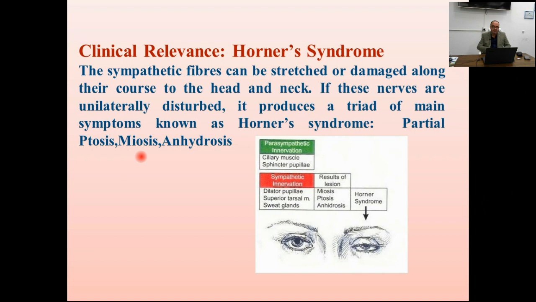And we have this picture of a case of what is called a Pancoast tumor involving the sympathetic chain. In this picture, we can see the features of Horner syndrome: the miosis, ptosis, and anhidrosis.